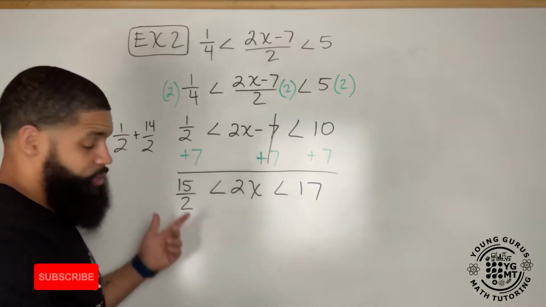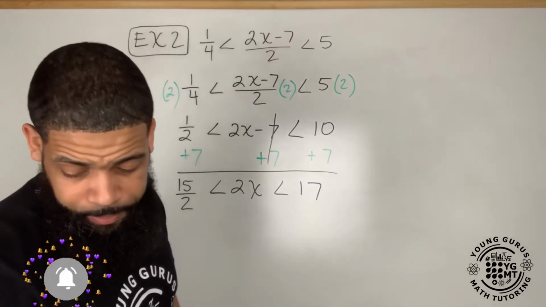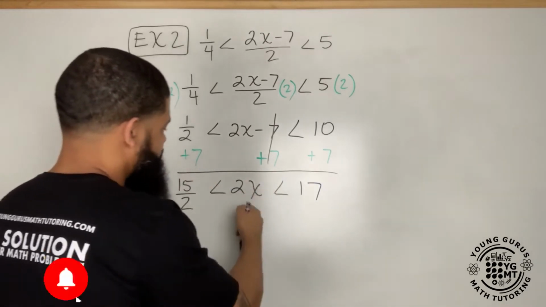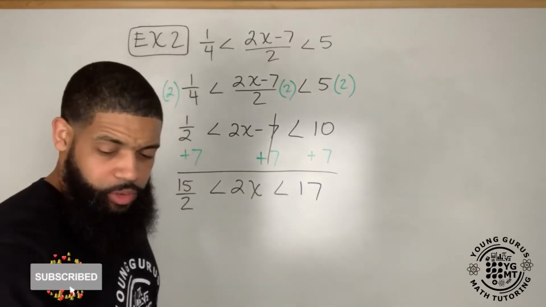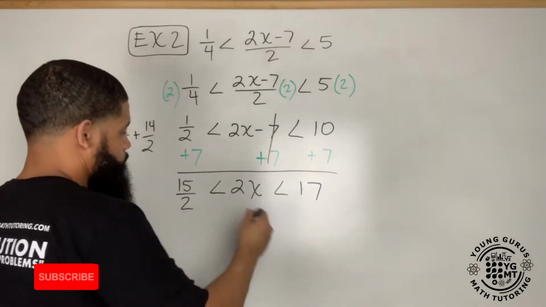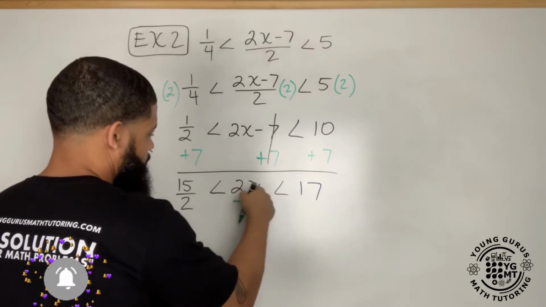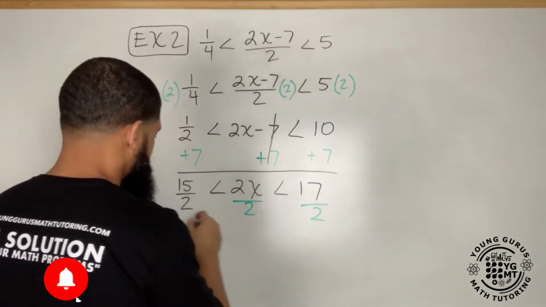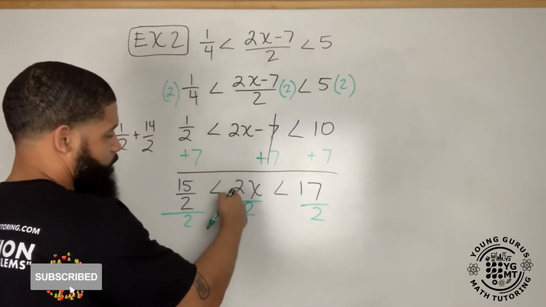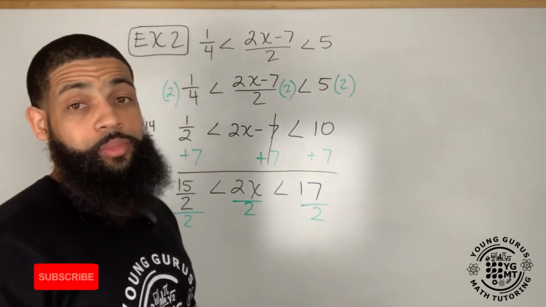Okay, so I have 15 over 2 there, and now I need to divide by 2 to get rid of that 2 in the middle. So the opposite of multiplying by 2 is dividing by 2, because remember, whenever you see a coefficient right next to a variable, that means multiply.